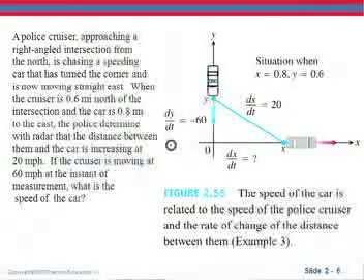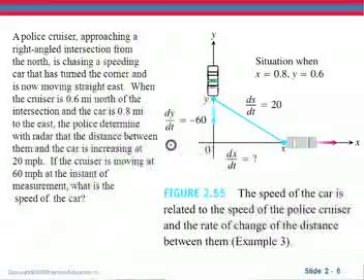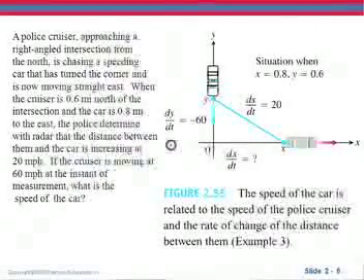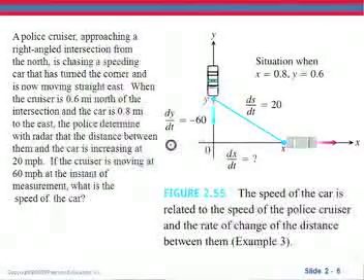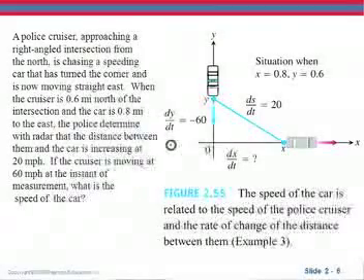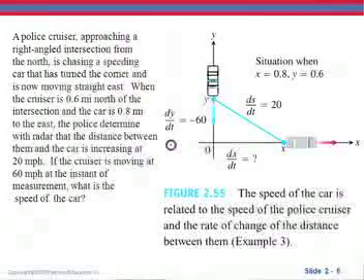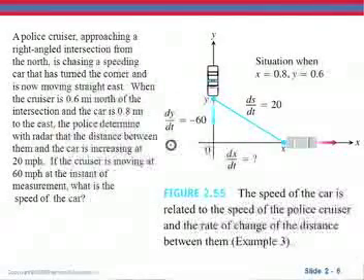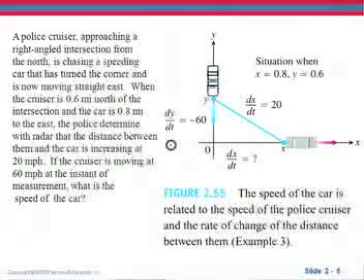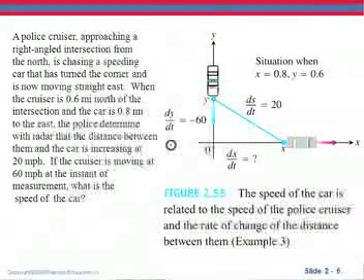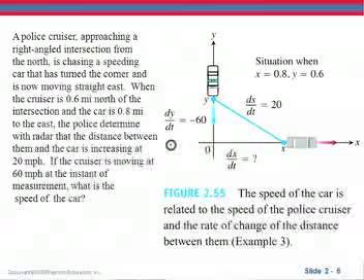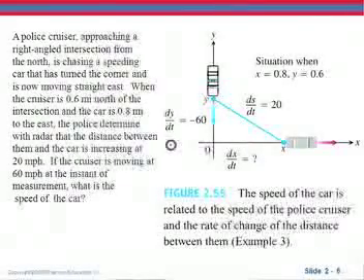the car? Now we can see again that this makes a right triangle. We know that we are looking at the situation when x in this case is 0.8 and y is 0.6. We're also told that the change in y, which is the rate at which the cruiser is moving, is negative 60. Now notice it's negative because as they are approaching the intersection, the distance between them and the intersection is decreasing.